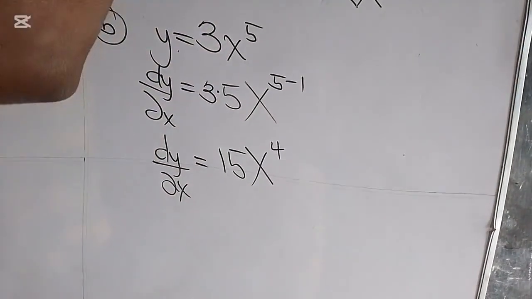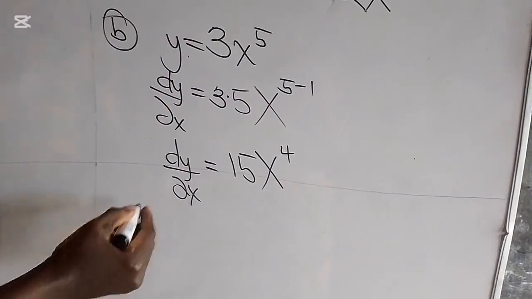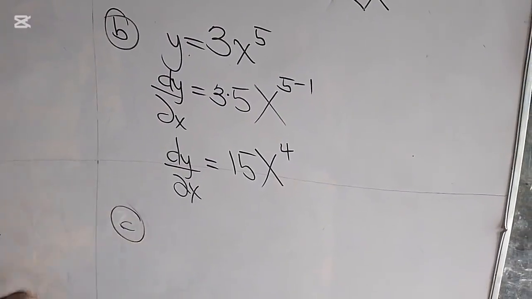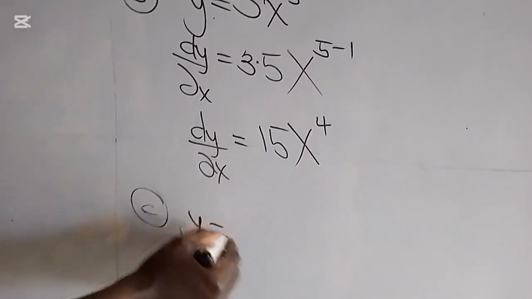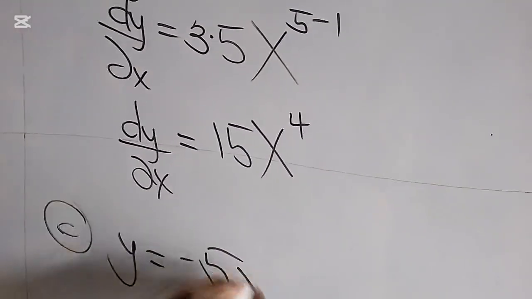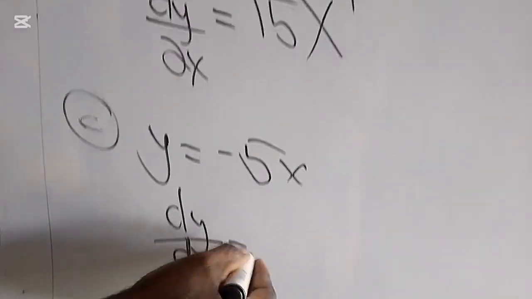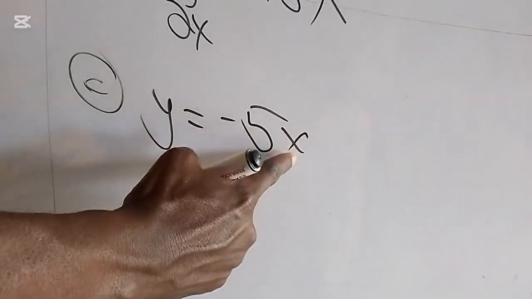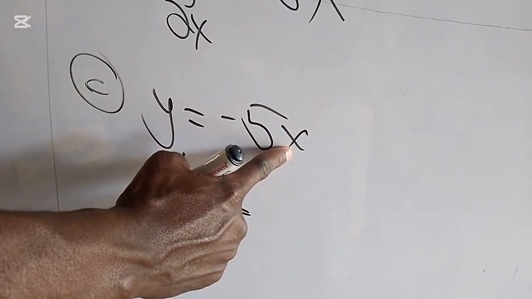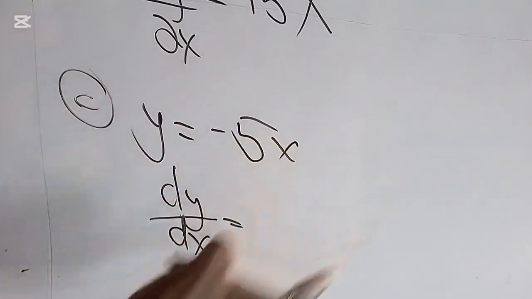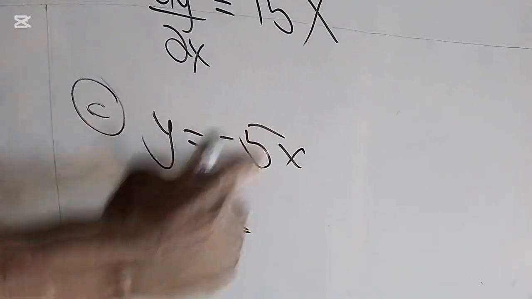Now let's take the last but not the least, c, which is y is equal to negative 5x. Our dy dx will be equal to, you know that every variable has an exponent of 1. And every number also has an exponent of 1.